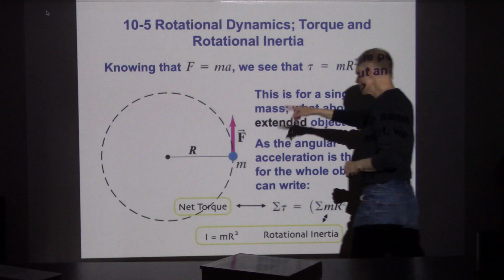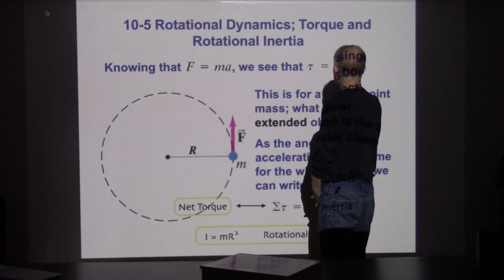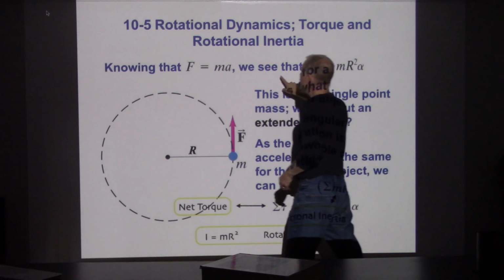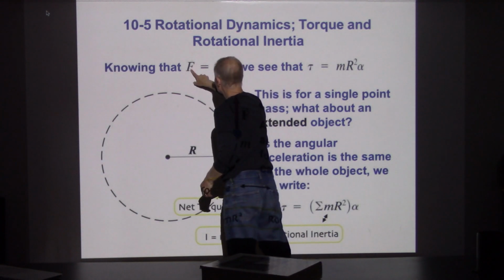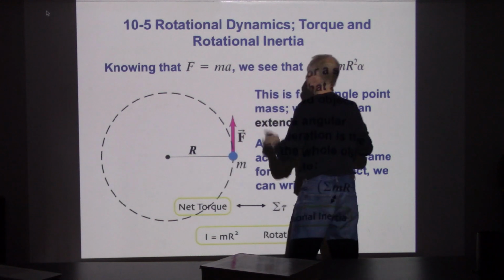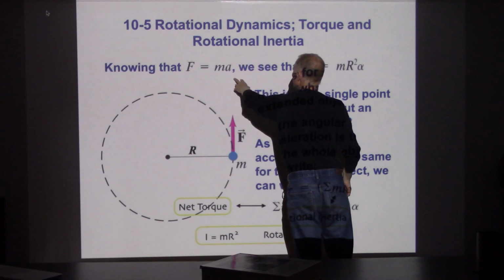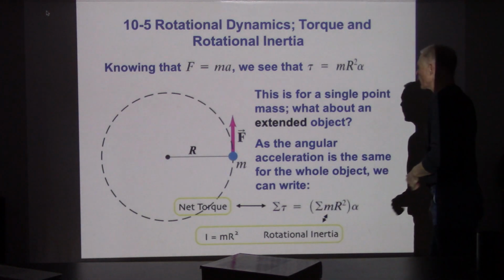What we can do from this diagram is say, all right, a torque would be the force times r. So we could take this expression, m times a, and then multiply by r.